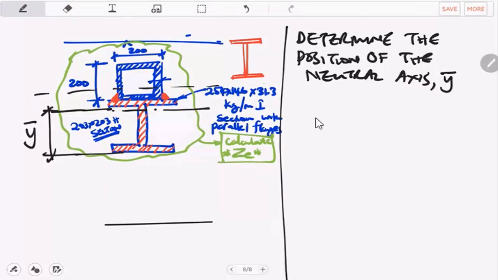We used to draw a table, which would say shape, area, then we had y, then ay. Then from there we had h, h squared, and I neutral axis. Do you remember that table?